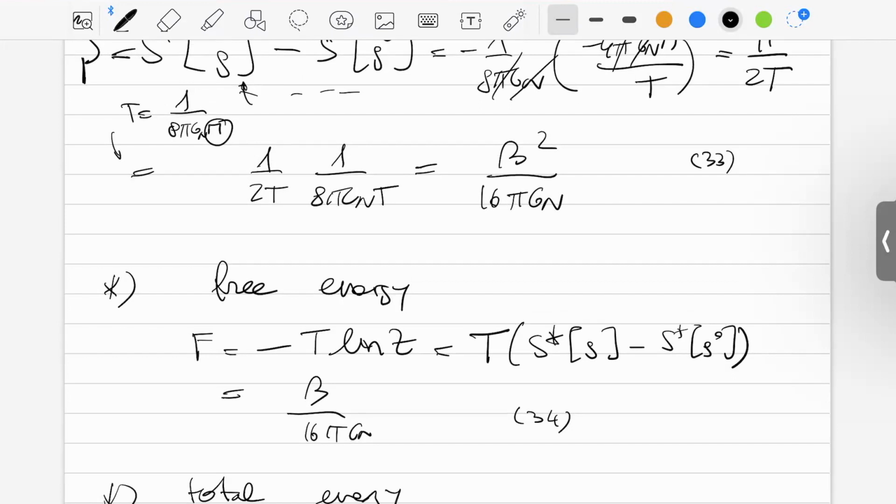According to thermodynamics, it's just the derivative with respect to beta of beta times F. So this is just beta divided by 8 pi GN, or also this is just M. So here you are saying that the total energy of the black hole is just its mass. So the black hole does not rotate; it does not have any charge. So the total energy is just given by the mass.